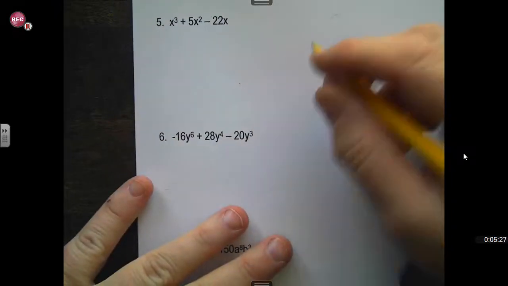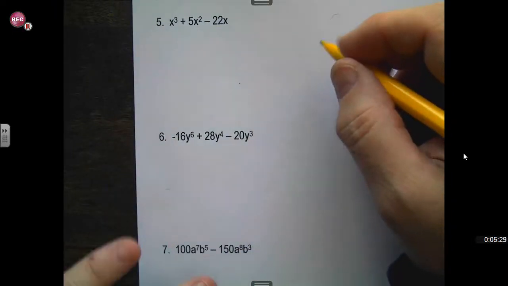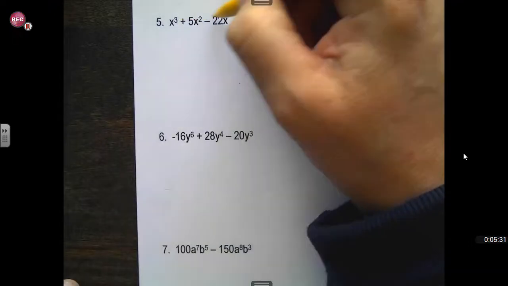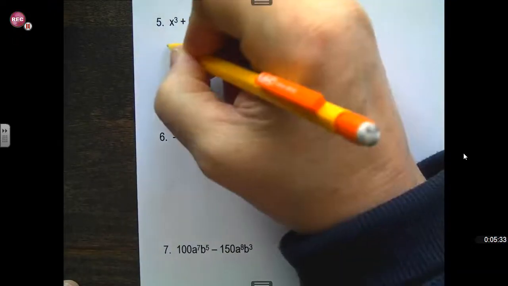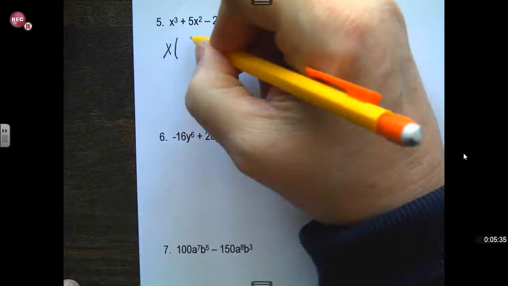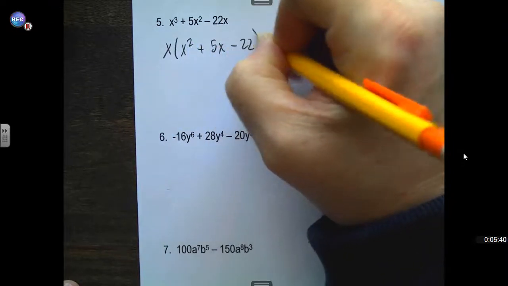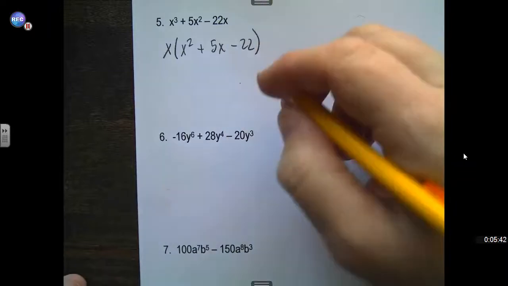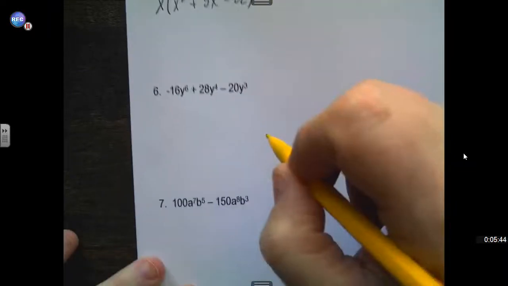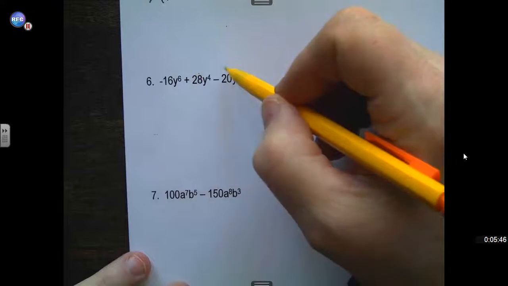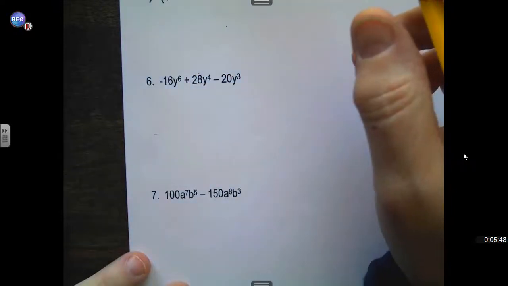Next one, they don't have any numbers in common, but we do have an x in common. So we can factor out an x and have x squared plus 5x minus 22. Next one, 16, 28, and 20. I think it's going to be 4.